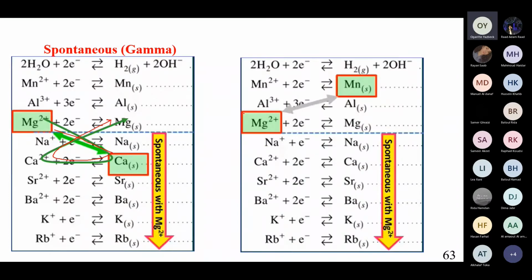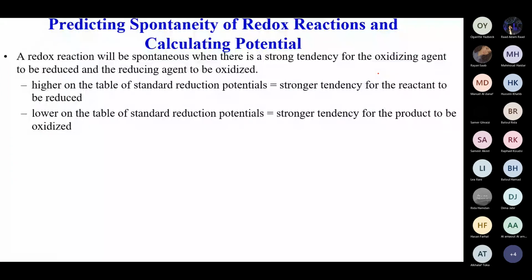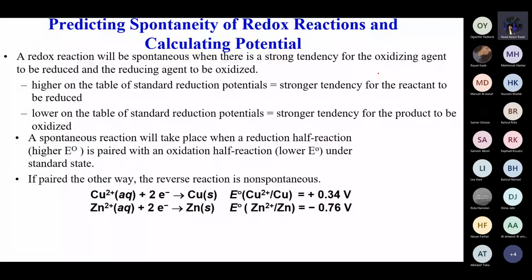Here, magnesium and manganese, I'm going diagonally upwards. Okay, from the oxidizing agent to the reducing agent, diagonally downwards is gamma, and upwards is anti-gamma. Okay.